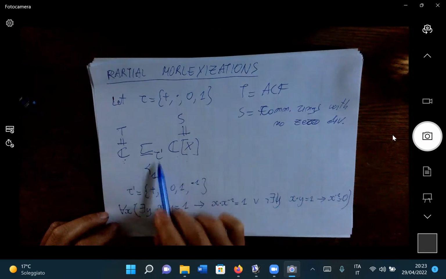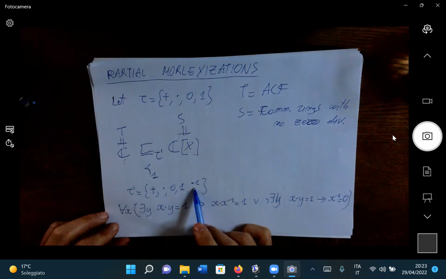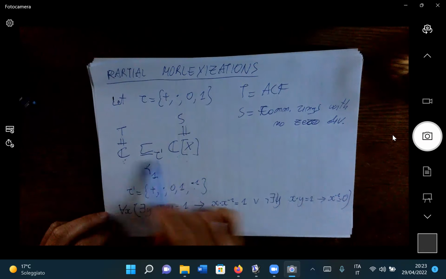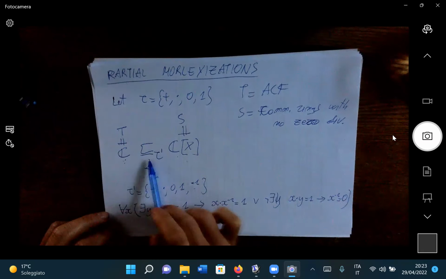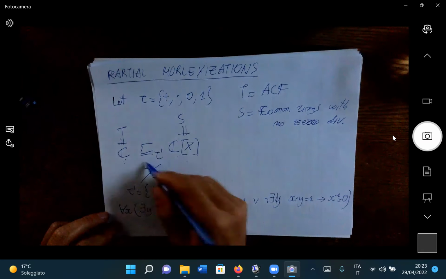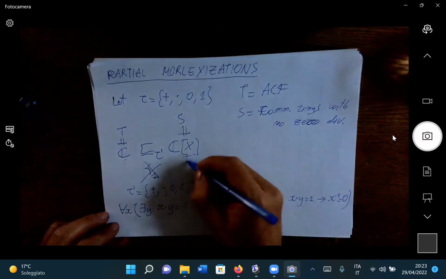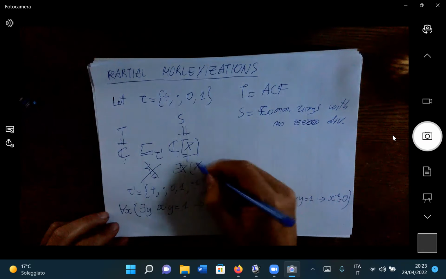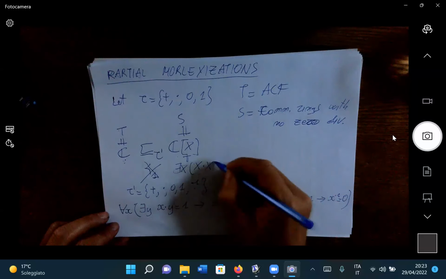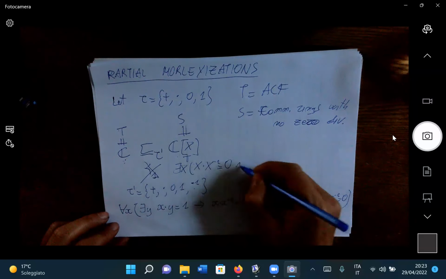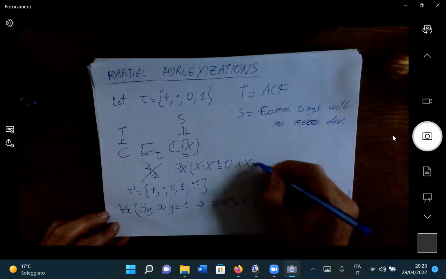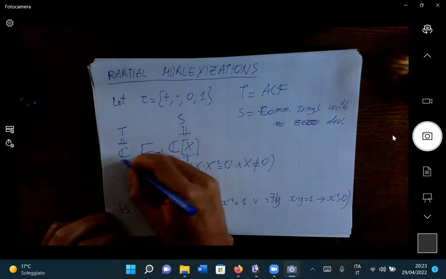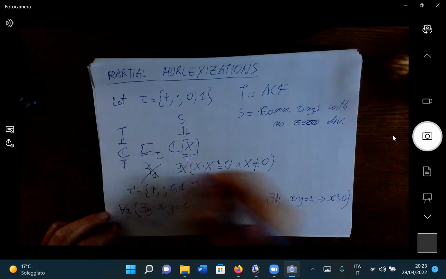So with respect to this expanded signature, so now we have also the ^-1 symbol, the tau prime substructure relation holds true, but this is false because here you get there exists x such that x times x^-1 equals 0 and x is not 0. And here we get the converse.